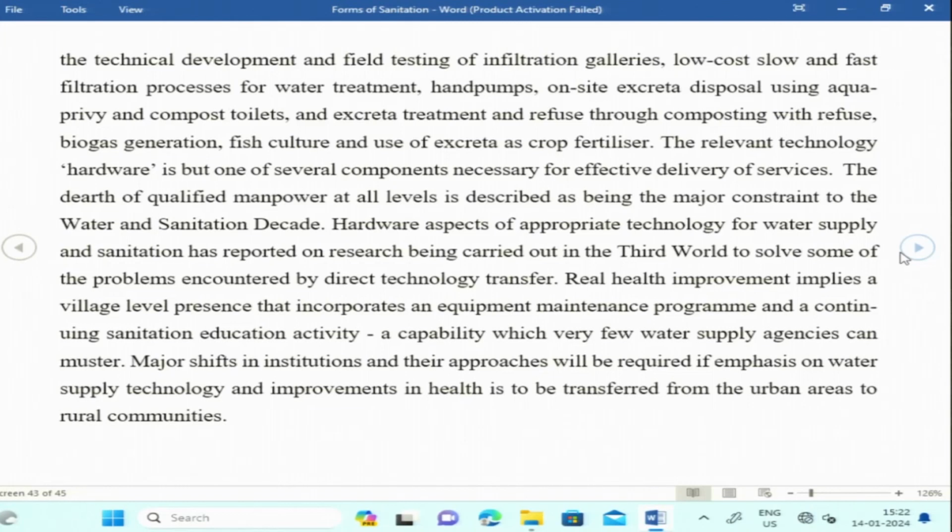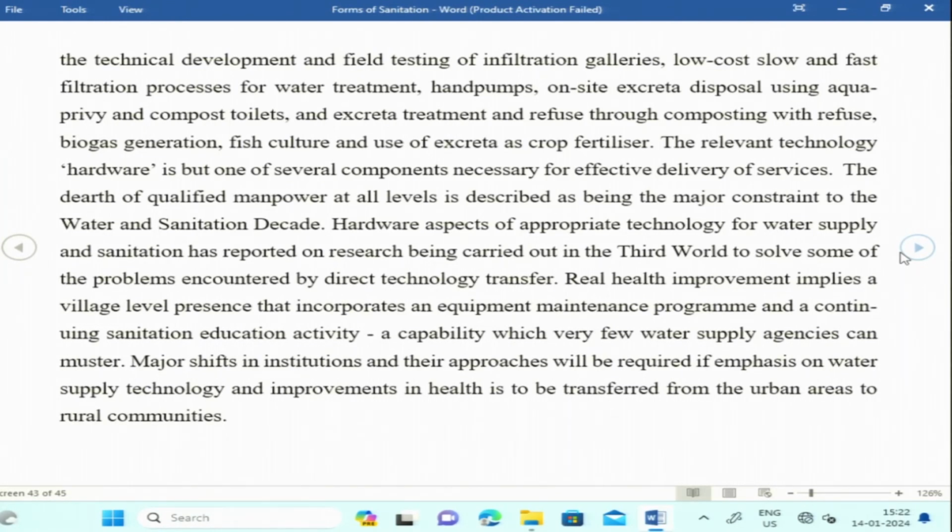And we have to see that there has to be certain provisions whereby there is a major shift in the institutions and approaches, with emphasis on water supply technology and also on improvement in health. So the basic idea is that there has to be transfer of technology from urban to rural.